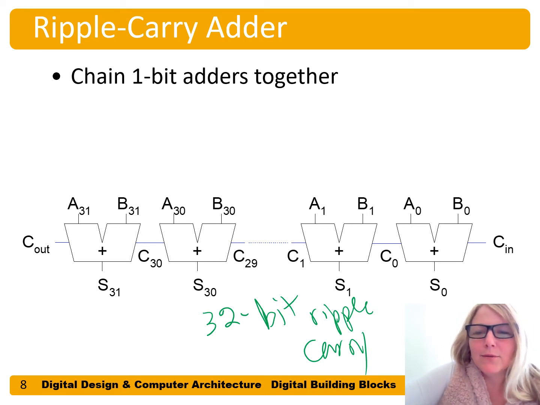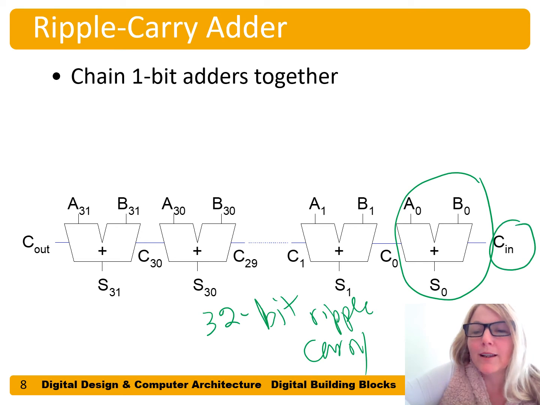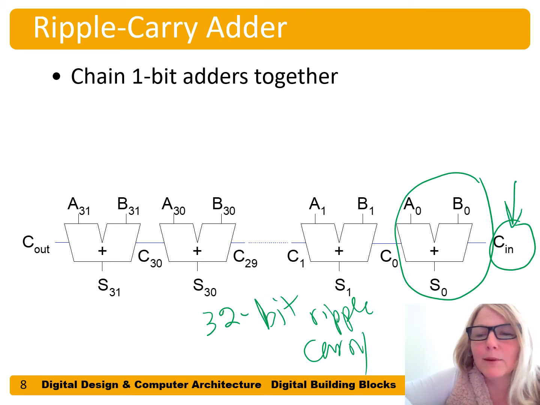Well, we get A sub 0, B sub 0, and potentially a carry in pretty quickly. We'll see why we might want to keep that as a full adder and allow it to have a carry in coming into that least significant bit in the 0th column. Well, that's not the slow path though. That's not the critical path.